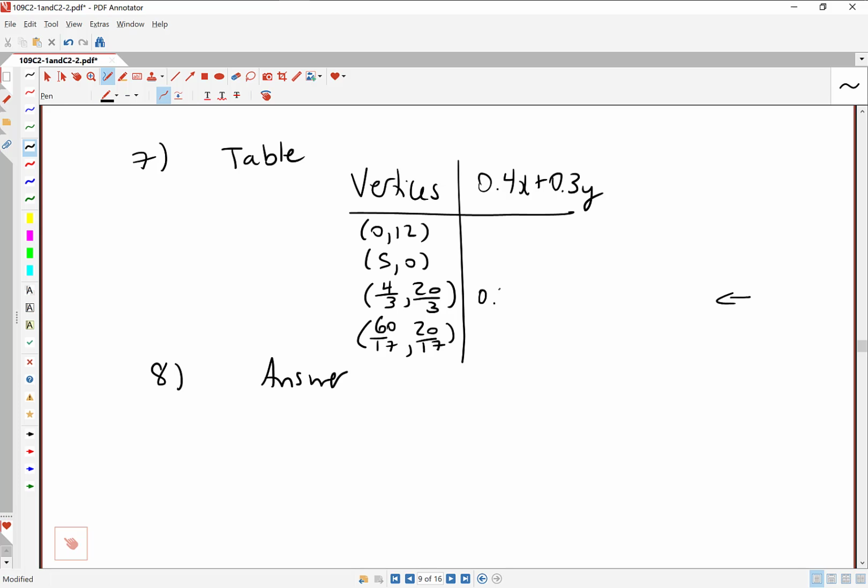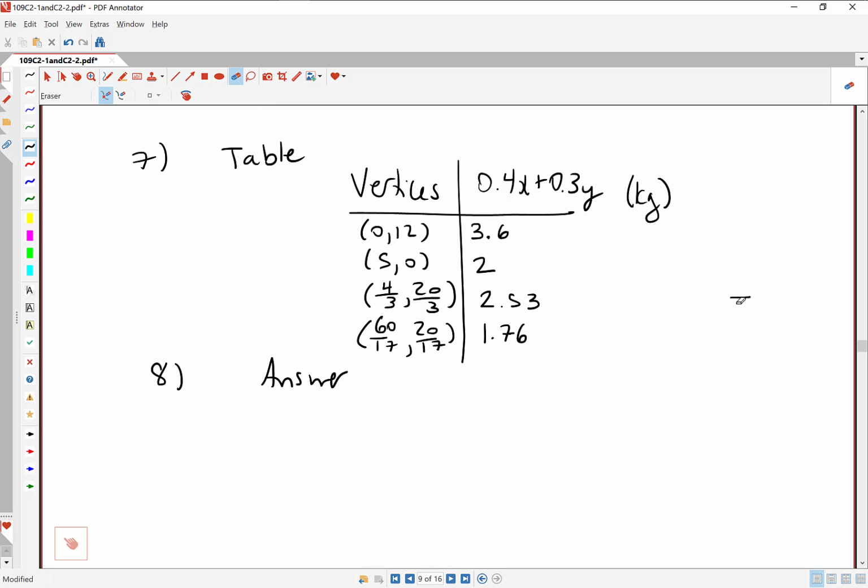So we're going to go 0.4 times the x value plus 0.3 times the y value, and just plug that into your calculator and round off to a few decimal places. So that one comes out to 2.53. And if you do the other numbers similarly, you get 3.6 and then 2 exactly. And then the last one comes out to 1.76.